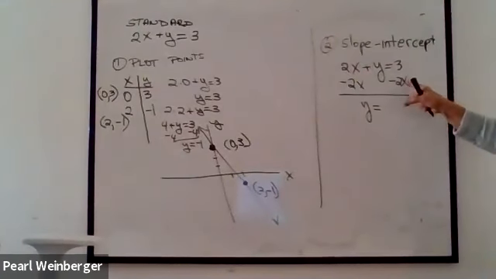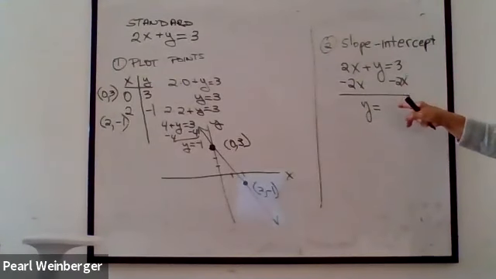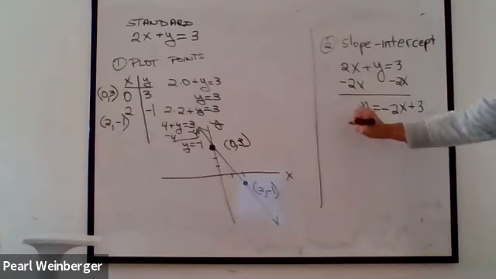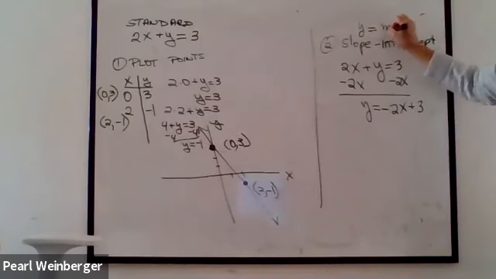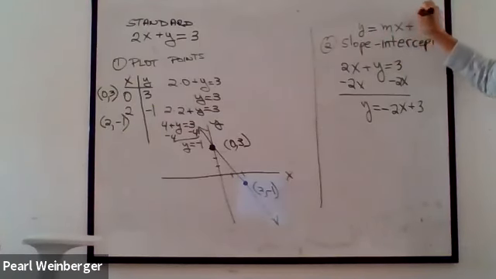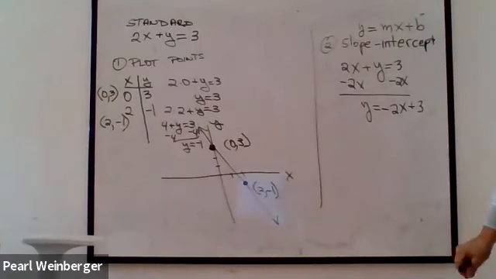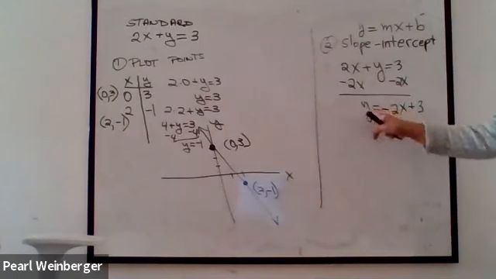The only thing is that to put it in what we call the slope-intercept form of the equation, we always want to have the x term first and the number separate. This is sometimes called the y equals mx plus b form of the equation. So we make the y by itself.